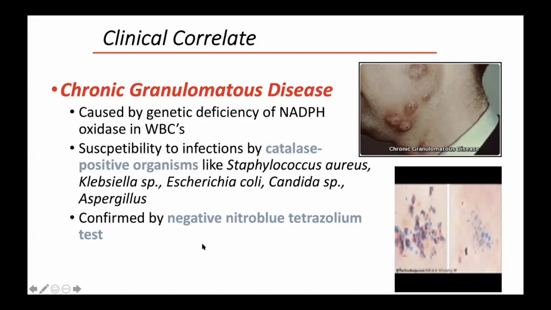So CGD usually presents with keywords. Your guide, your keywords for CGD: CGD equals recurrent infections plus granulomas. There's granuloma formation. Please take note of that.